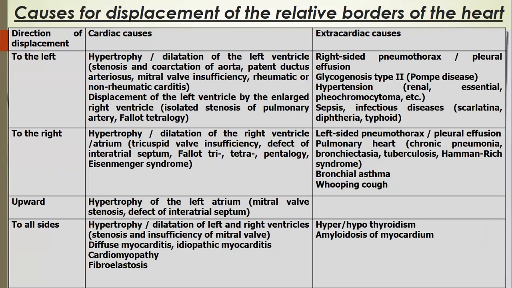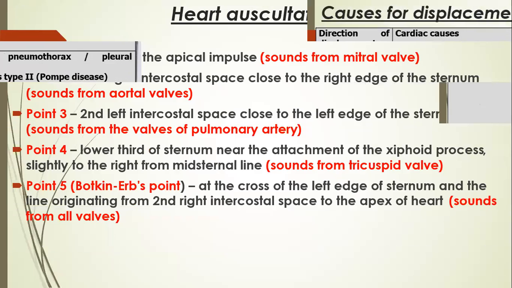Several causes of displacement of the relative borders of the heart are evident: to the left, to the right, upward, and to all sides. They can be cardiac causes and extracardiac causes.